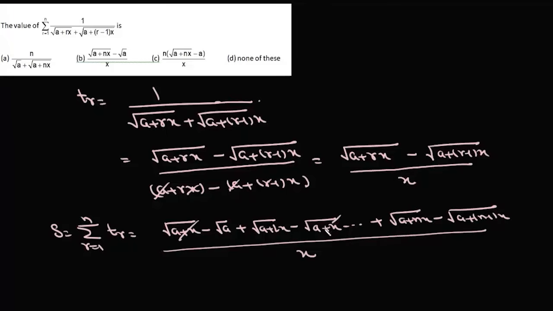Now all these successive terms, they'll cancel. So we'll have this sum as under root of (a plus nx) minus under root of a, whole divided by x. So the correct option is this option B.